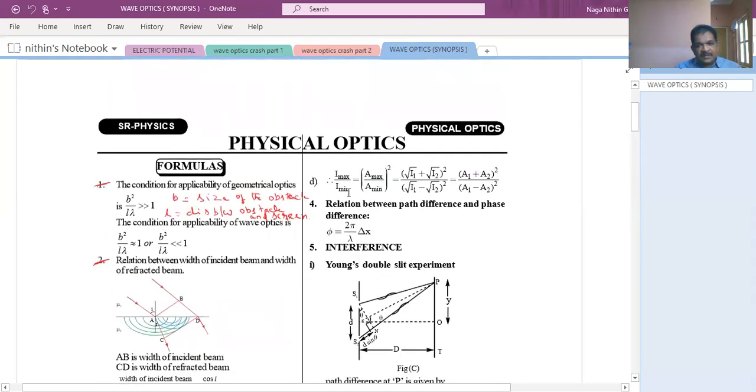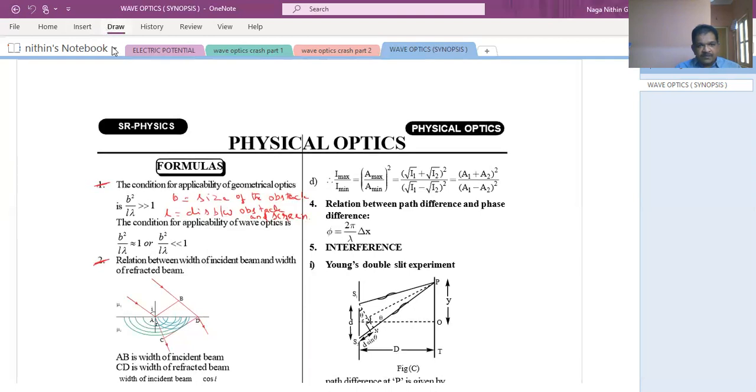Next, I maximum by I minimum, which they will ask. I maximum by I minimum is equal to A maximum by A minimum whole squared. A maximum means root I1 plus root I2 whole squared. A minimum means root I1 minus root I2 whole squared. That is, a1 plus a2 whole squared by a1 minus a2 whole squared.